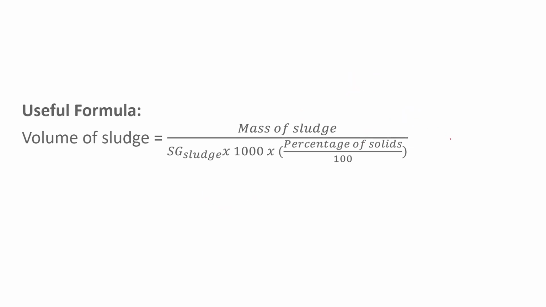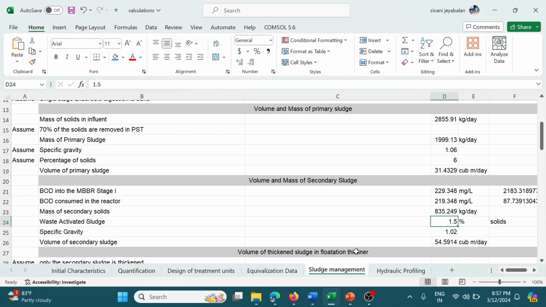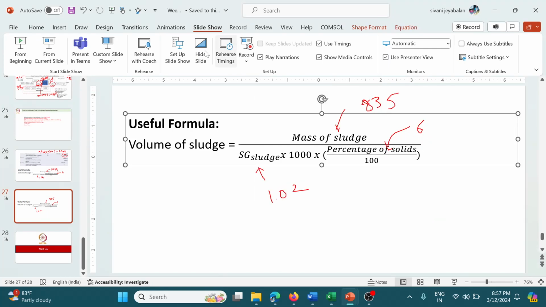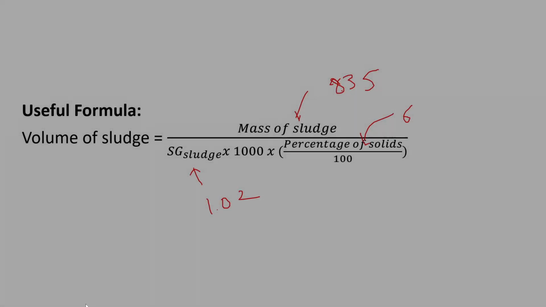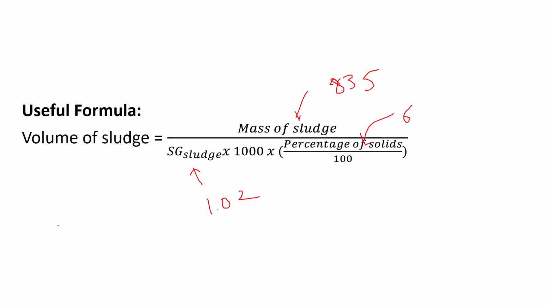Now tell me the answer, Bhupender. 835 divided by 1.02 divided by 1000 divided by 1.5 into 100.